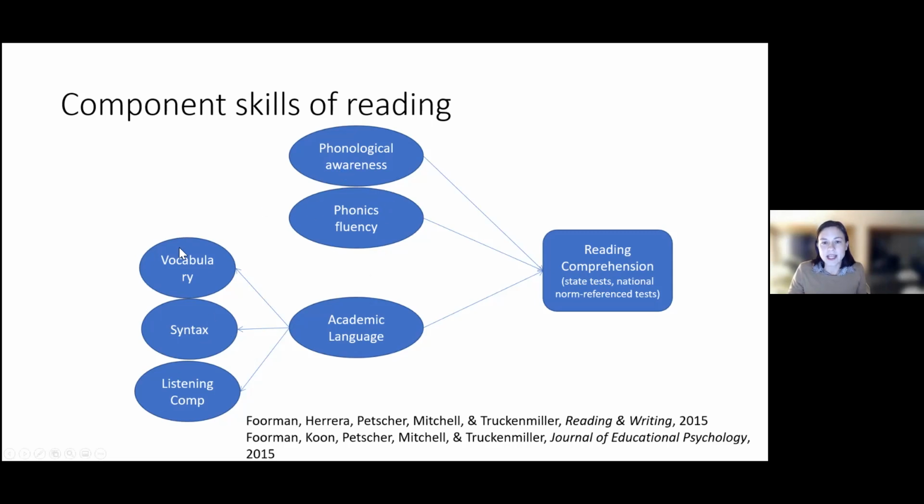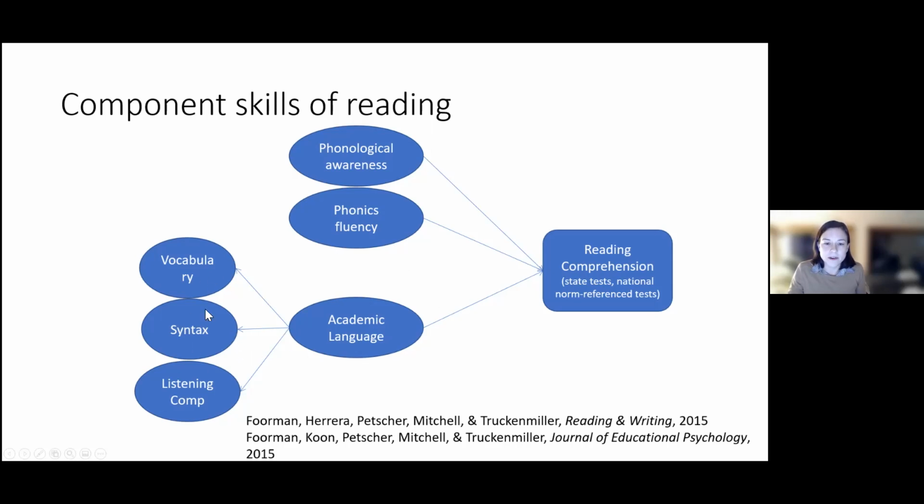And the biggest thing that we found from that study was, of course, finding more evidence, again, for the simple view of reading, that it's made up of the decoding components and then the language comprehension components.